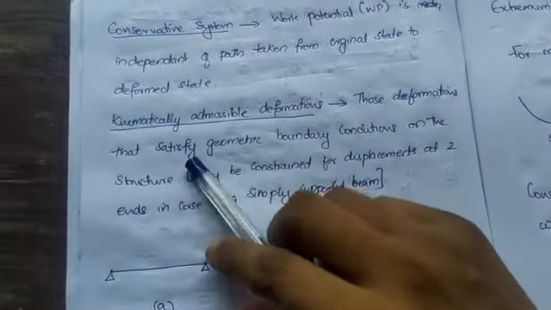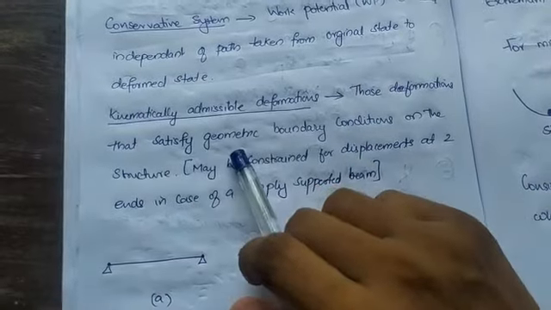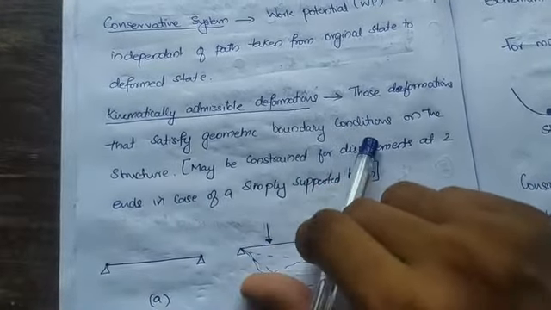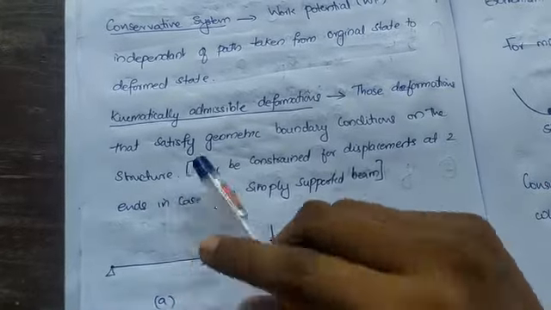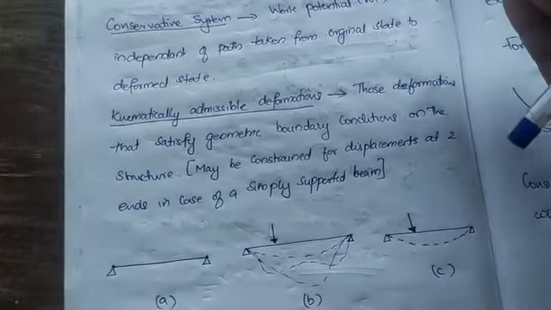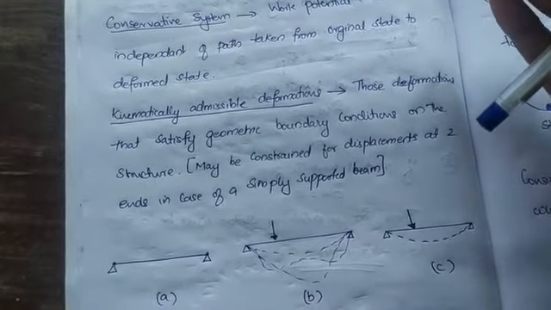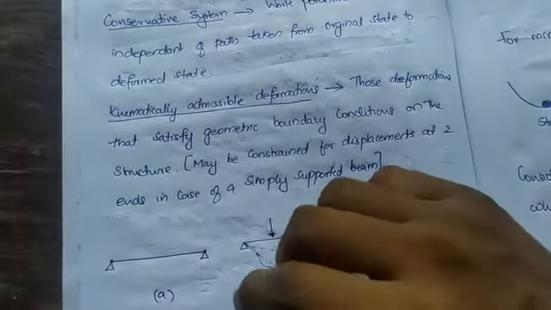So kinematically admissible deformations means those deformations that satisfy the geometric boundary conditions on the structure. What do you mean by geometric?